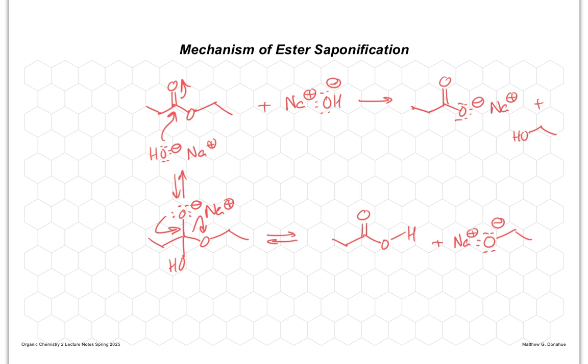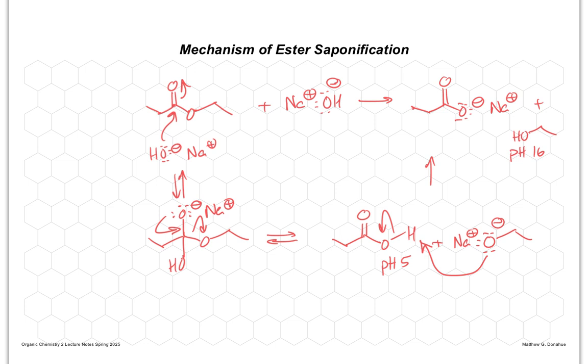The acid has a pKa of 5, so that base will deprotonate it. And the alcohol has a pKa of 16. So at this point, the arrow is a one-way street. That's the driving force for it.